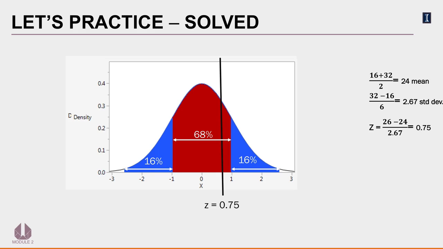So a very rough estimate would be that the car we are considering buying is close to the 80th percentile. It is 1 standard deviation higher than it would have been. 68% plus 16 would have given you the 84th percentile. So I went a little less than that since we are only 0.75 standard deviations from the mean.